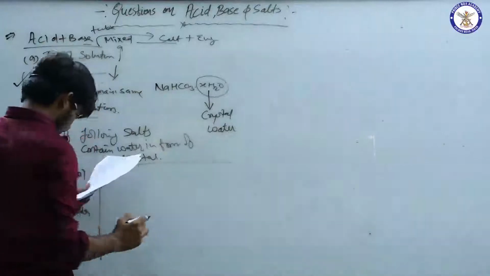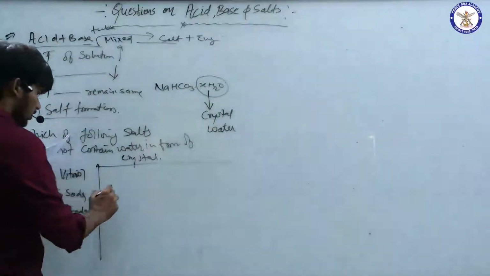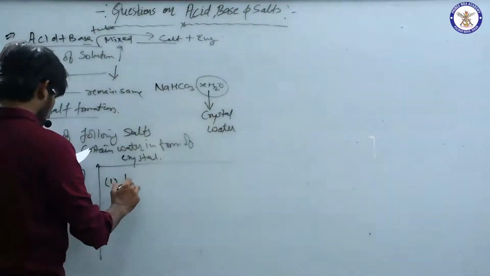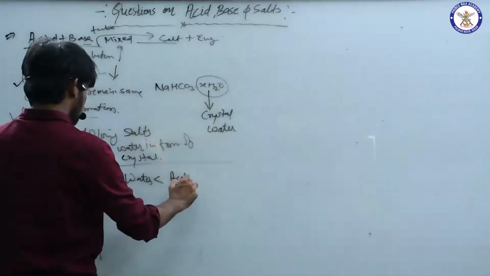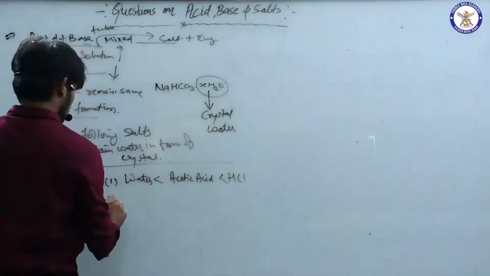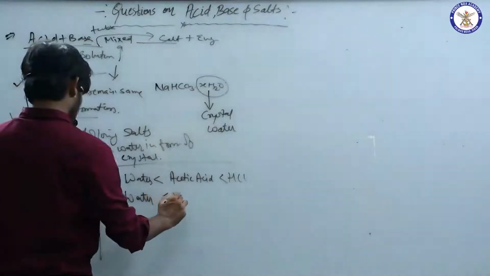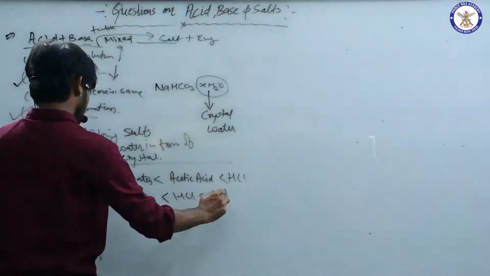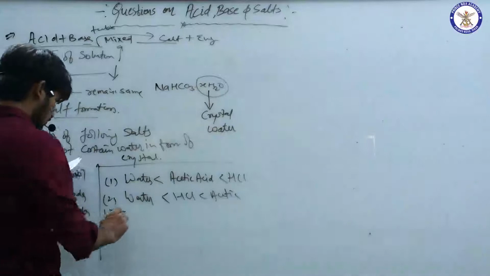Now, a very interesting question. See carefully. In terms of acidic strength, which one of the following is the correct increasing order? First one, water, acetic acid and HCl. Second, water, HCl, acetic acid. Very important and very easy.